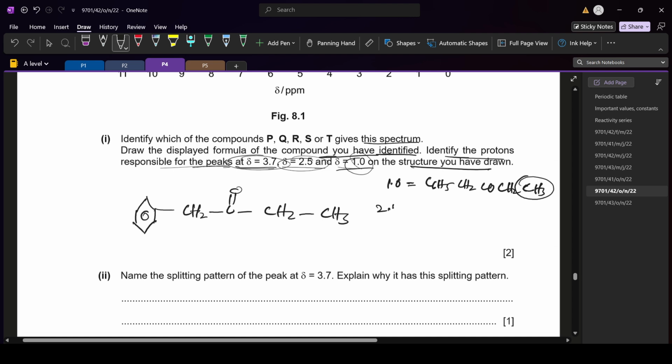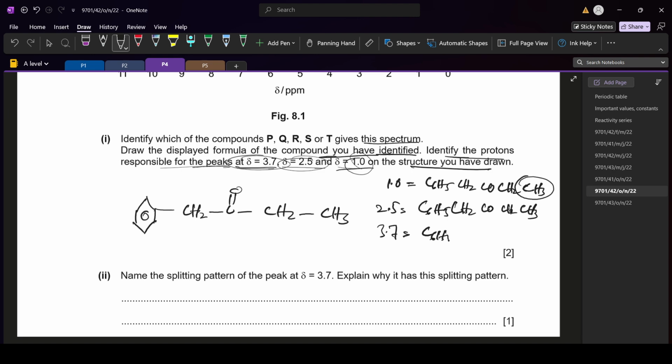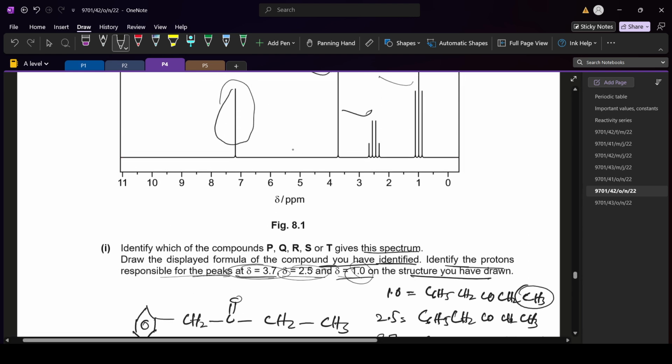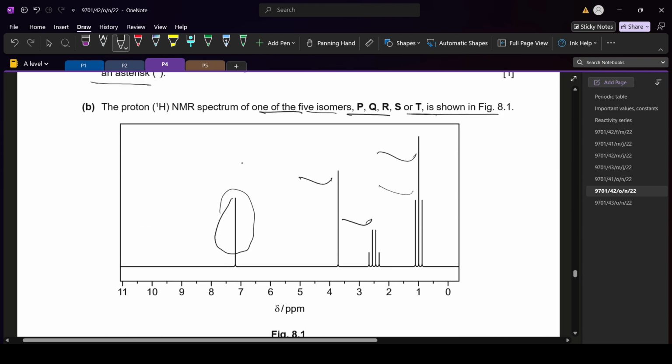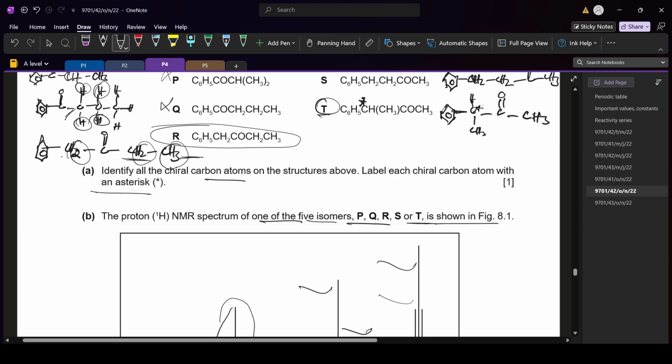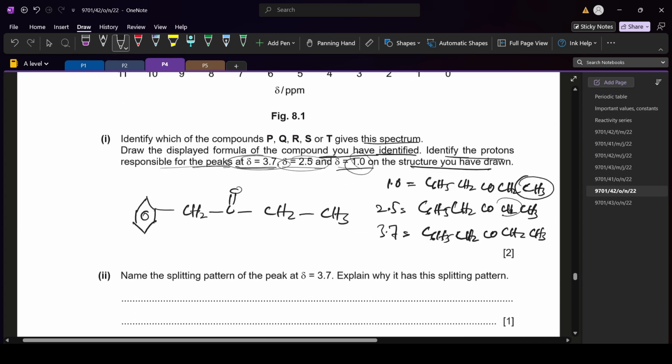Then you have 2.5. C6H5CH2COCH2CH3. So you have a quartet at 2.5, and the quartet is due to these hydrogens.